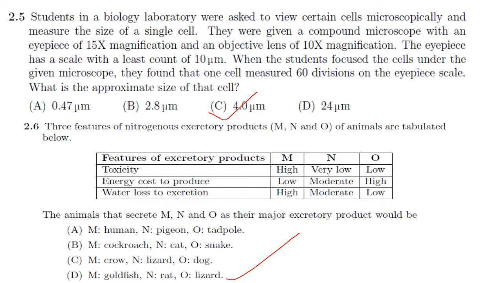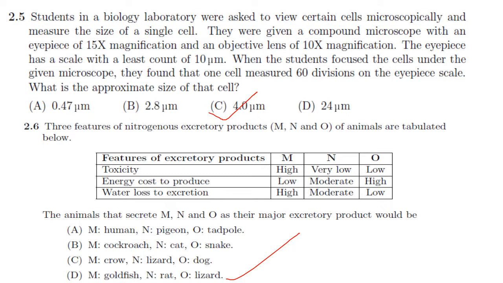Hence, the size of the cell under the microscope will be 60 into 10, that is 600 micrometer. Now the magnification of the microscope is 15x into 10x, that is 150 times. Hence the original size of the cell will be 600 divided by 150, that is 4 micrometer. The answer is option C, 4 micrometer.